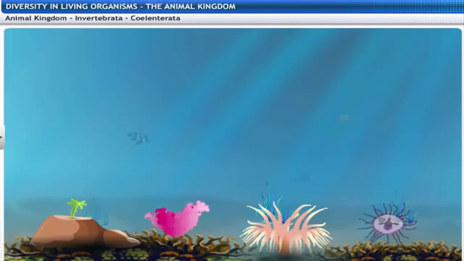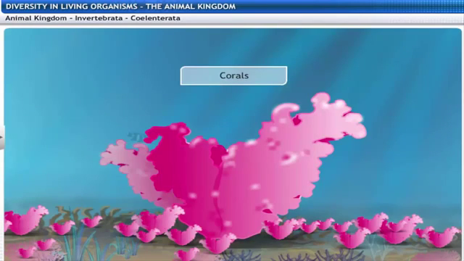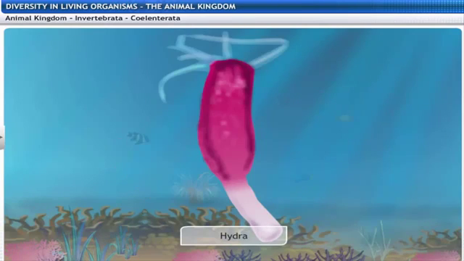Coelenterates live in an aquatic habitat, which may be fresh and saltwater. Corals belong to this group and live in colonies, while hydra live in solitude.